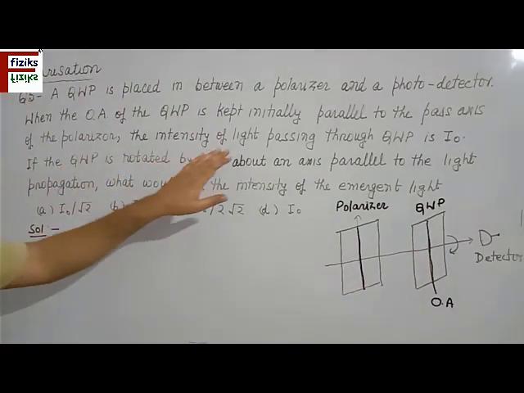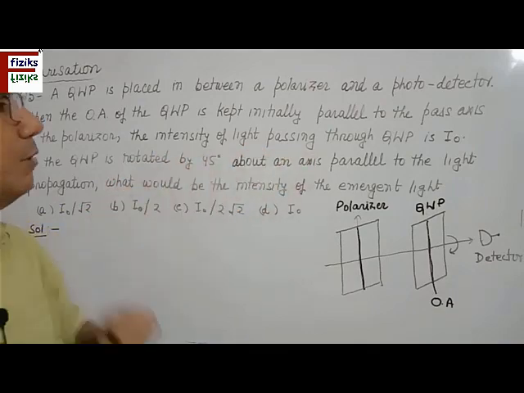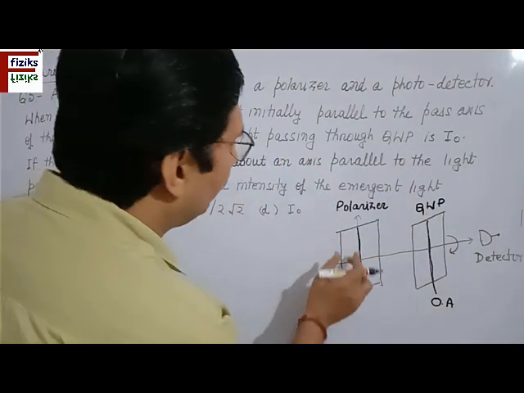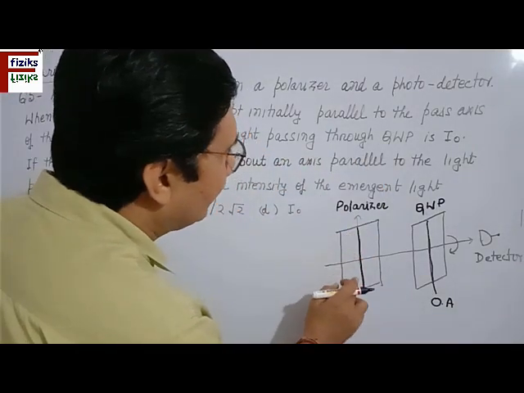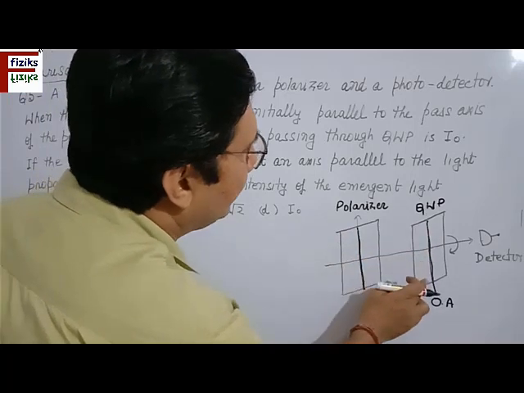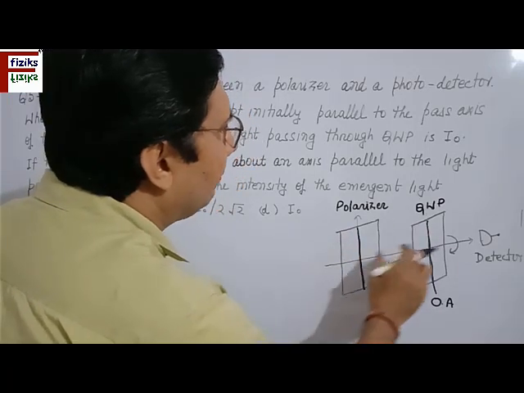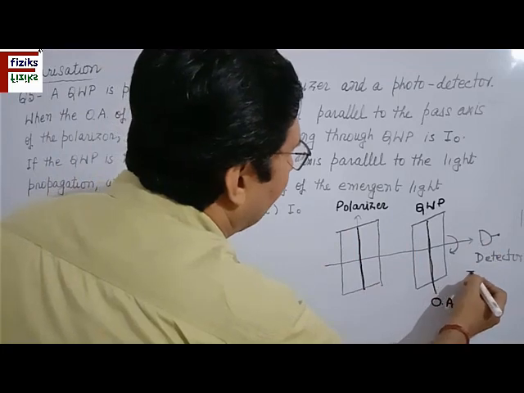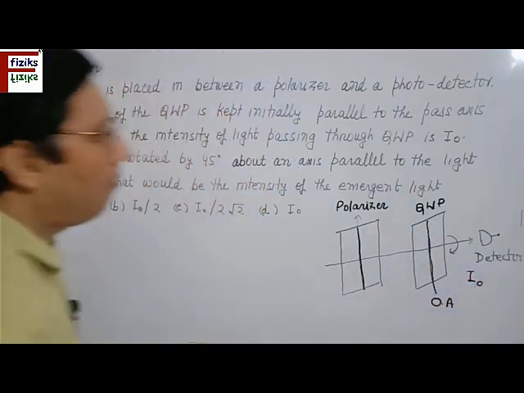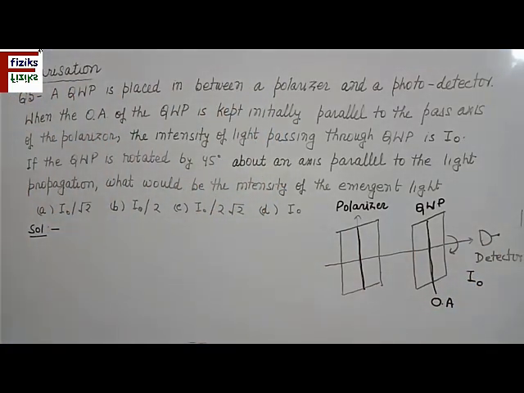The intensity of light passing through the quarter wave plate is I naught. So when the pass axis and the optic axis of the quarter wave plate are parallel, on this side I have intensity I naught. If the quarter wave plate is rotated by 45 degrees about an axis parallel to the light propagation, what would be the intensity of the emergent light?